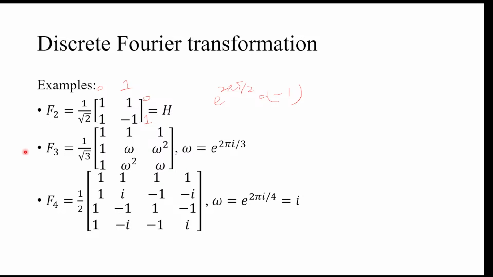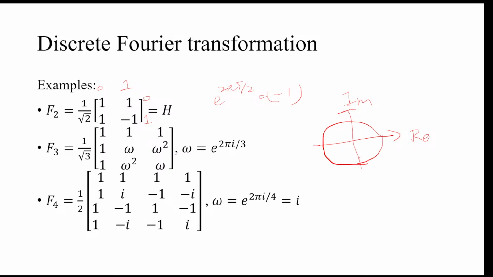And then for f3 we have omega, which doesn't have a nice name, equal to e to the 2 pi i divided by 3. In the complex plane it's this point. You have real and imaginary axes, and you can think about the unit circle.